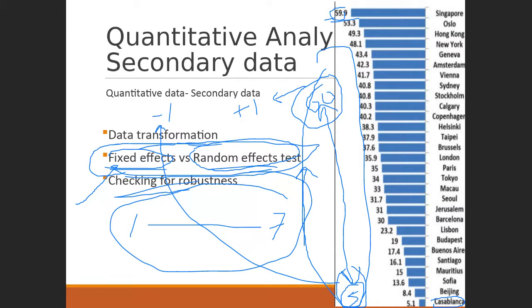So robustness tests assure the quality of your estimations by comparing your baseline model to alternative model specifications and checking whether alternative model estimates fall within your baseline models. So this is a small piece of information about quantitative analysis using secondary data.